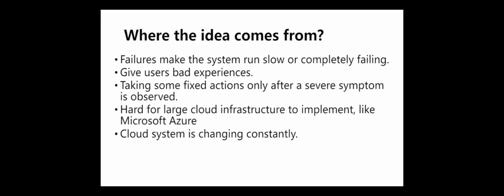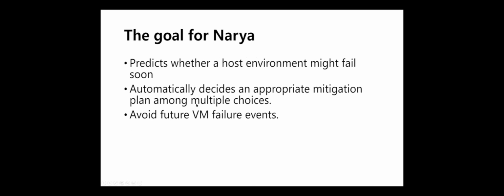Moreover, the cloud system is constantly changing, like software and hardware updates and customer workflow changes. So some mitigation actions that worked well in the past may not fit future issues. We want a service that can learn by itself and can live migrate the virtual machines from the node predicted to fail to a healthy node.